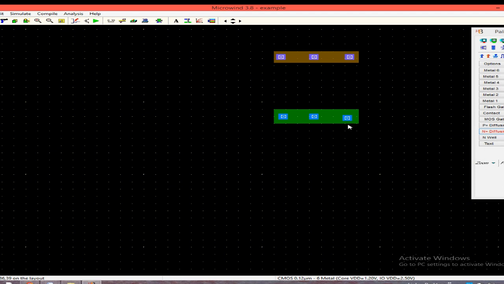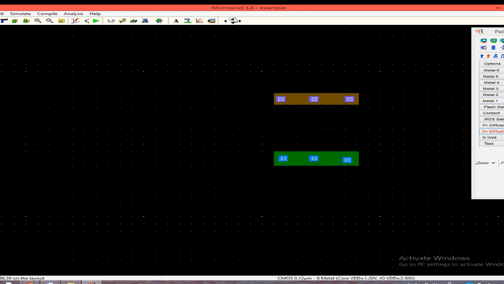After this structure, I have to take the metal gate, and I can draw the structure according to our requirement.